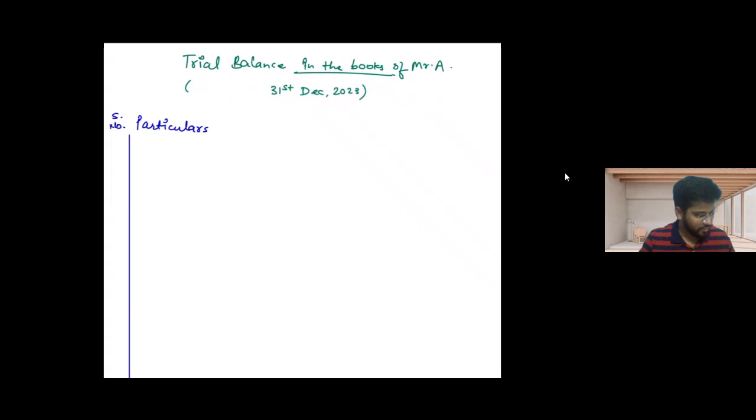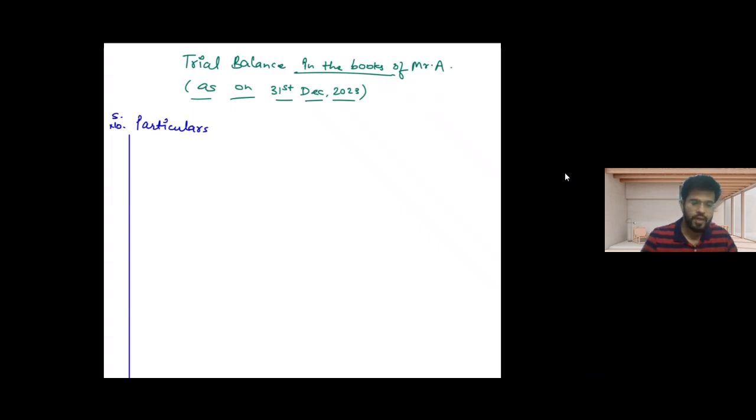Why have we made this correction? Because we are preparing the trial balance at a particular date. That is why we are mentioning as on. The profit and loss account is made for the whole year, so there we write for the period ended. Here we just mention as on or as at 31st of December 2023.